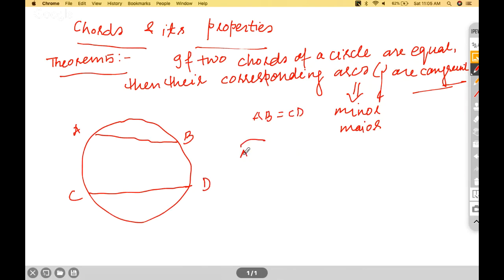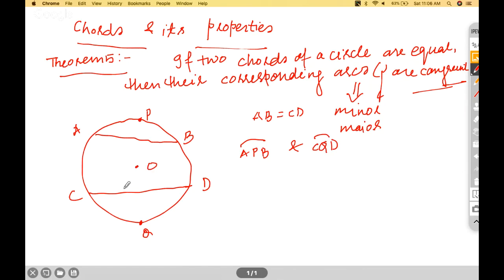I am taking minor arcs. Suppose this is P and this is Q. So I am taking minor arc APB and minor arc CQD. This is center O.